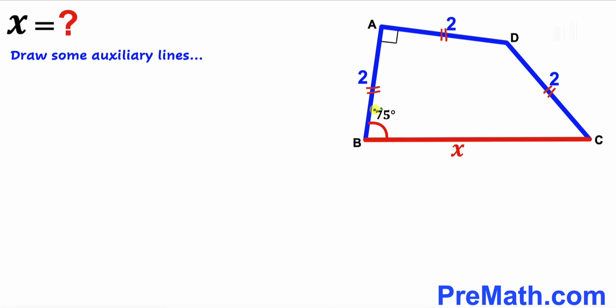We know this angle is 75 degrees. So we are going to draw this line AE such that angle AEB is 75 degrees as well, same as this one. Now we focus on triangle ABE.